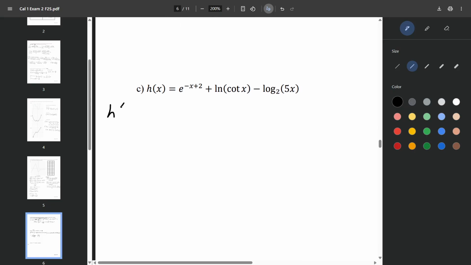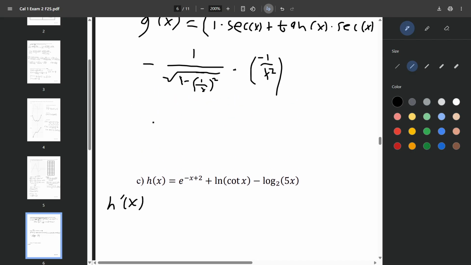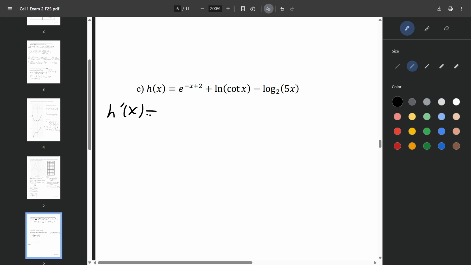So h prime of x is equal to, so for the first part, ln of e is going to be equal to 1, so we don't need to write that down. We need to write this part, and then times the derivative of the exponent, which is negative 1, because the derivative of negative x plus 2 is negative 1.